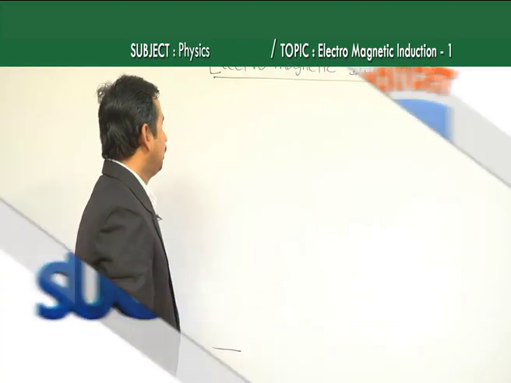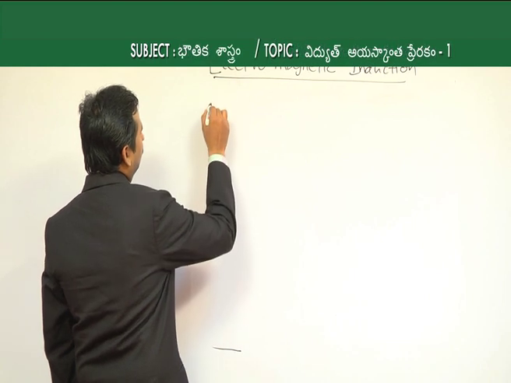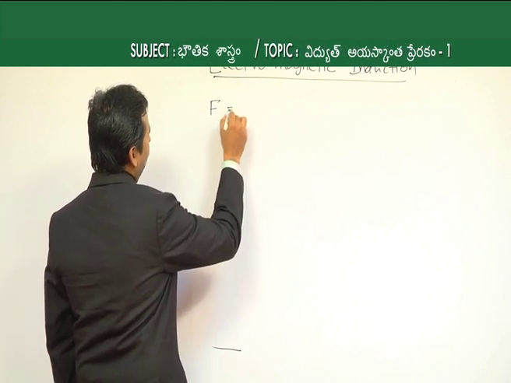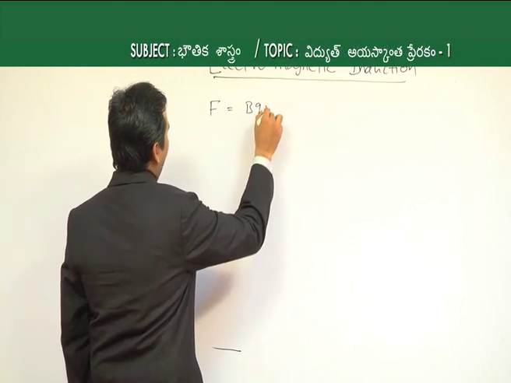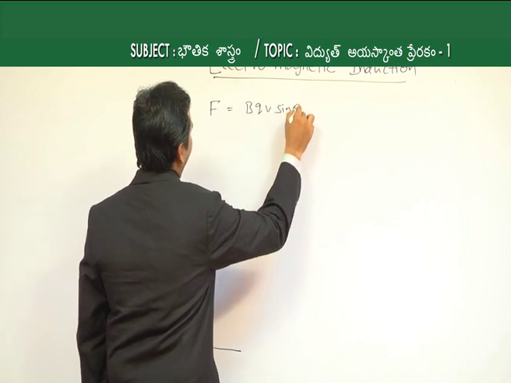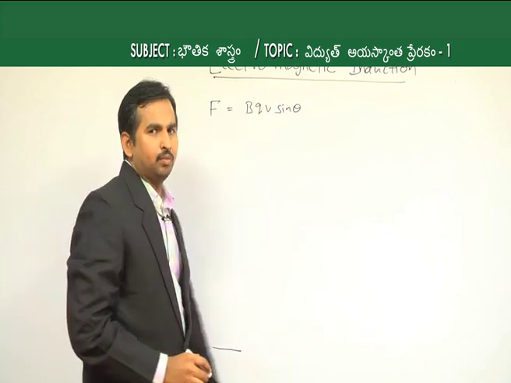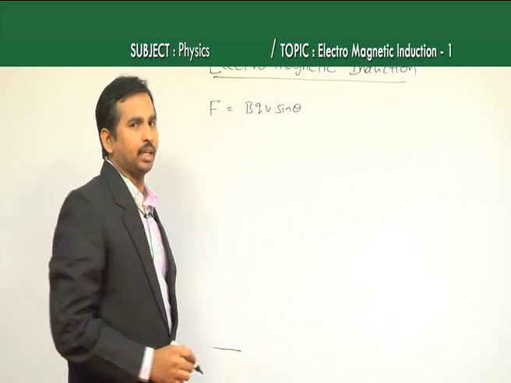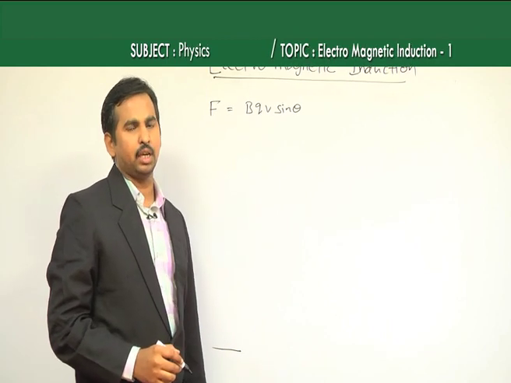So finally we got a formula to find the force acting on a charge. F is equal to B Q V sin theta, which is for the general case, where theta is the angle between the magnetic field strength and the velocity.